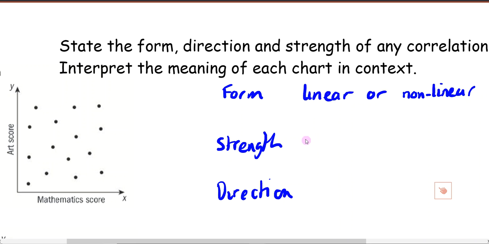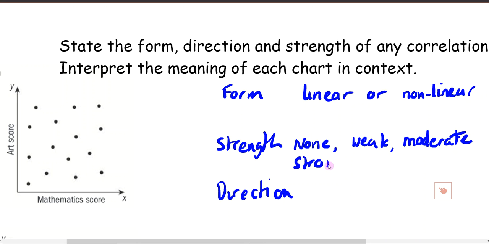Strength goes in a range, okay? But we can basically have none, weak, moderate, strong, or perfect.